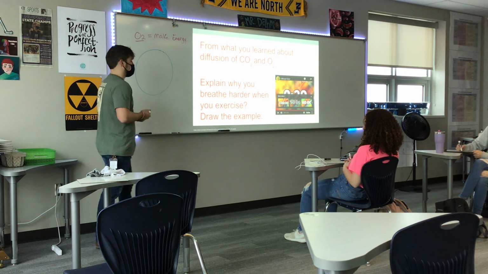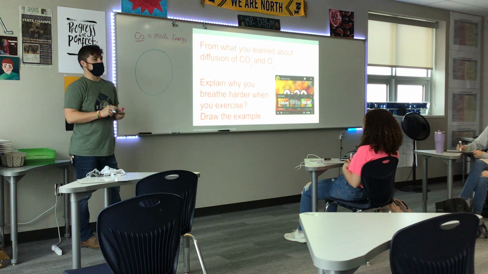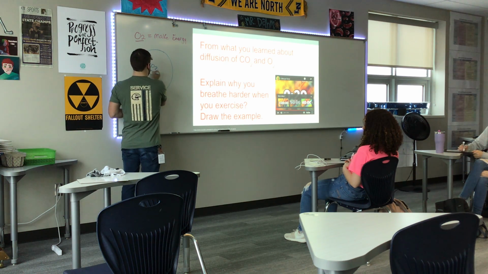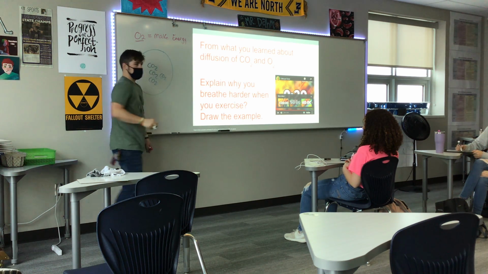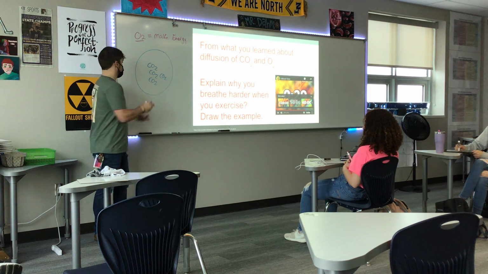So let's think about what this would look like. In my cell, am I going to have a lot of oxygen or a lot of CO2? A lot of CO2. Why, Rory? Well, it's because it's constantly making CO2 with the energy. Right, because when you make energy, what do you produce? CO2.